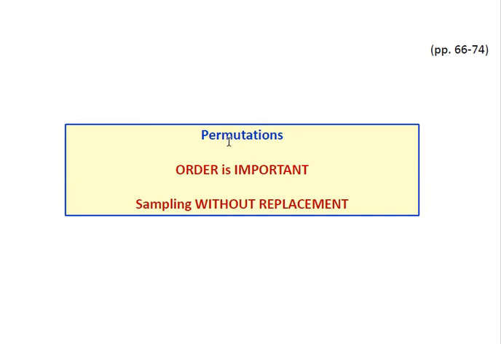Again, in permutation, order is important, and sampling is without replacement.